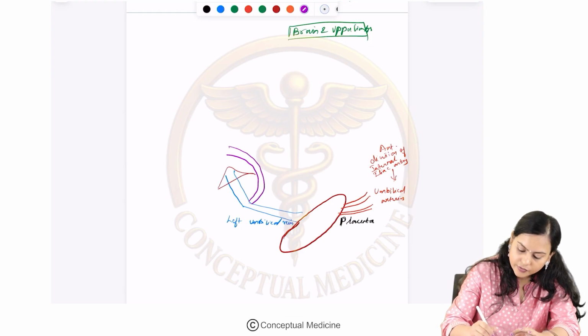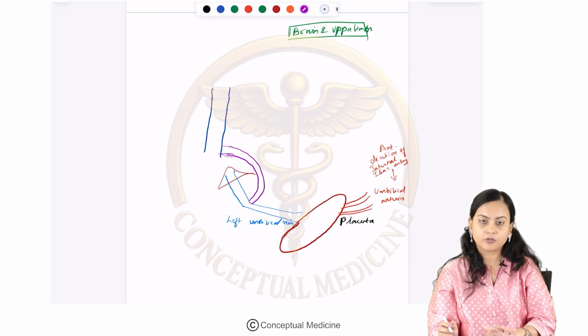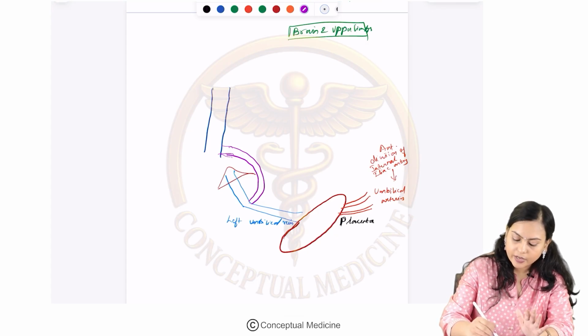So this is the ductus venosus and let's consider this as the inferior vena cava. So what happens is, most of the oxygenated blood that is coming from the placenta through the left umbilical vein is now shunted into the inferior vena cava.